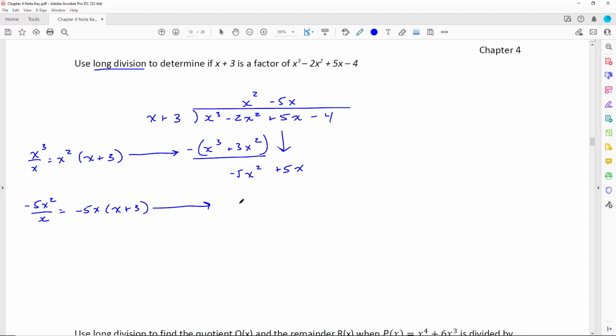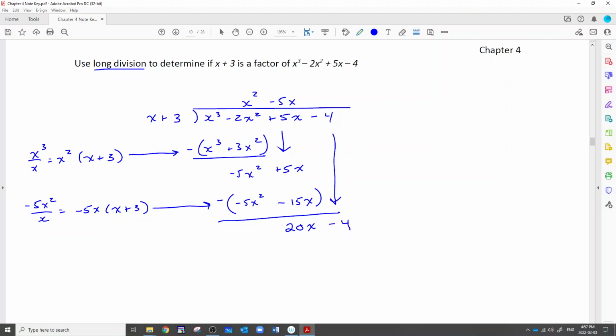If I do that, I get negative 5x squared, that first matching term, minus 15x. And then I subtract. Negative 5x squared, take away negative 5x squared is gone. And then I've got 5x, take away negative 15x, which would be plus 15x or 20x. Then I pull down the next term.